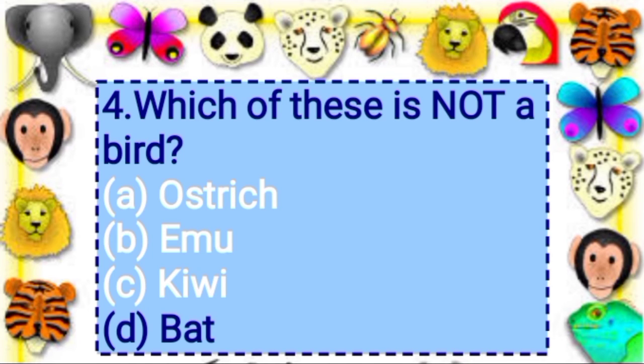So the answer is option D, bat. Bats are animals, but they can fly. That is due to the flaps of skin between their digits. So a bat is not a bird just because it has the ability to fly.